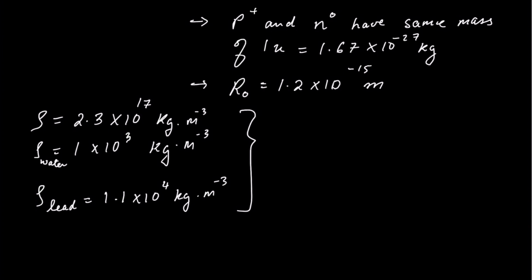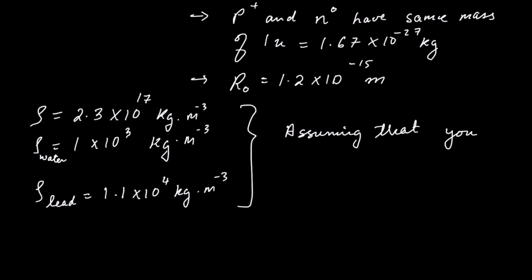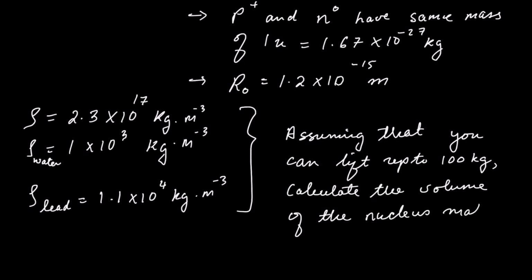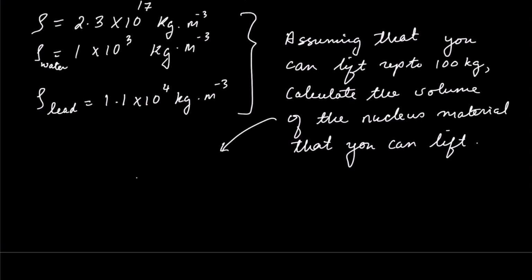Perhaps just to put this in a simple example, assuming that you can lift up to 100 kilograms. Calculate the volume of the nucleus stuff that we can be able to lift. All right, let's do this calculation. The density we said is given by the mass over volume.